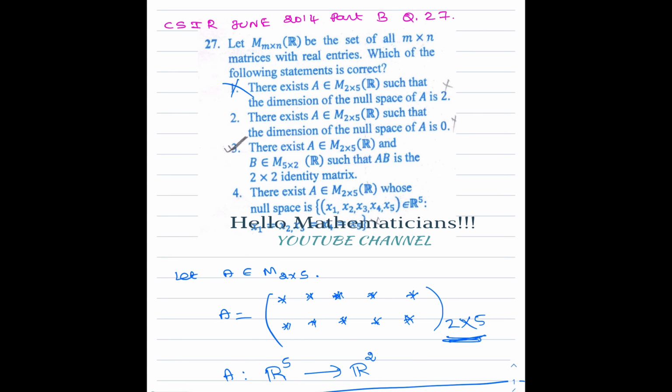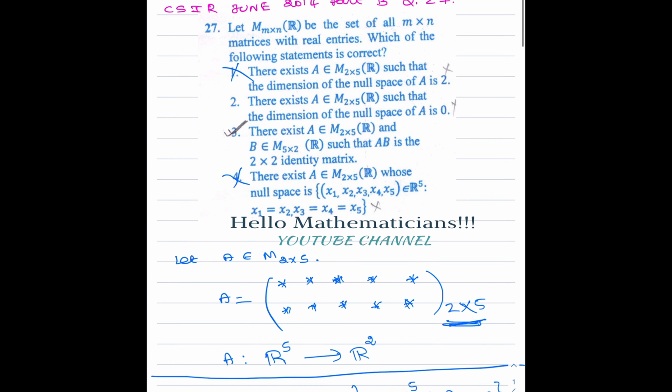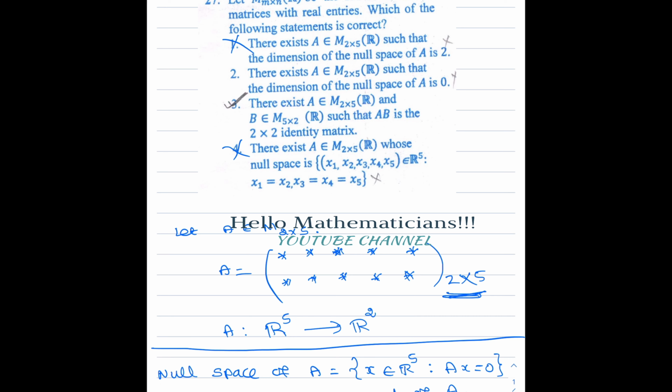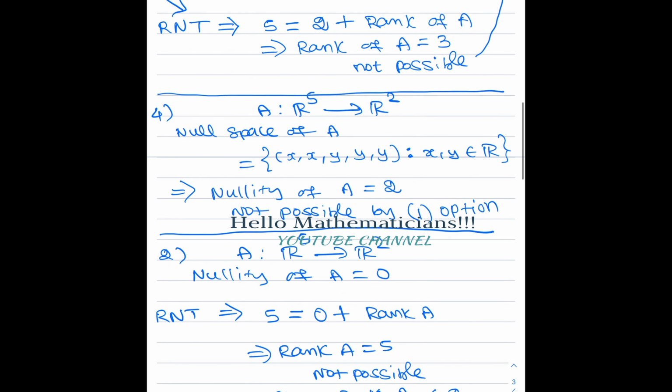Next, we come to the second option. They are saying there is a 2 by 5 real matrix whose null space has dimension 0. What does it mean? They are saying that there is a linear transformation R power 5 to R2 whose nullity is 0. So again we assume there is such a matrix.